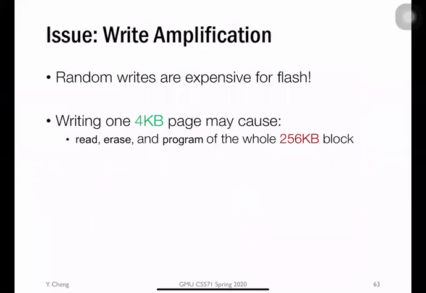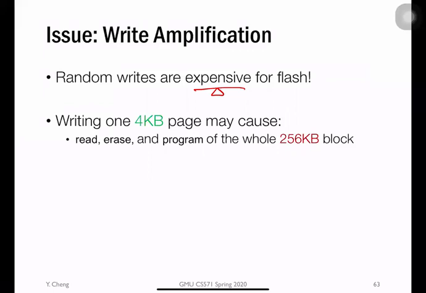So the issue is called significant write amplification, right? And here we're talking about random small writes. Because of this write amplification issue, random writes are particularly expensive for flash devices. The root reason is that flash only supports these asymmetric write operations.